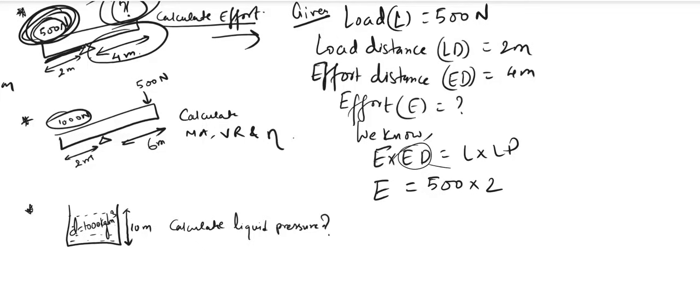That ED will move to the other side, so the multiplication will change into division. So here will be 4 meter. At last we can write the unit. 250 Newton is the correct answer.